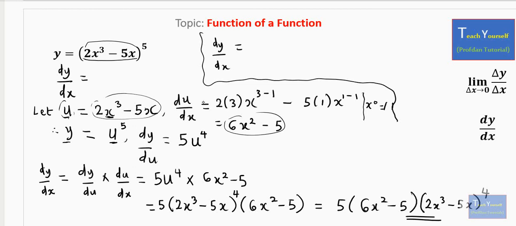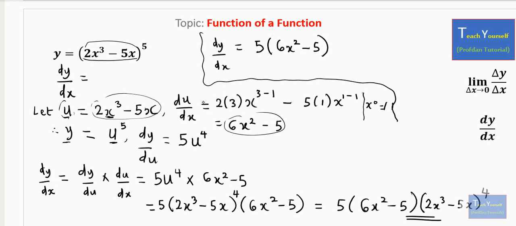First, close what you have in the brackets. You are left with the power, write the power 5. Next, differentiate what you have in the brackets. In the brackets is 2x cubed minus 5x. Differentiate that, and that's going to give you 6x squared minus 5.